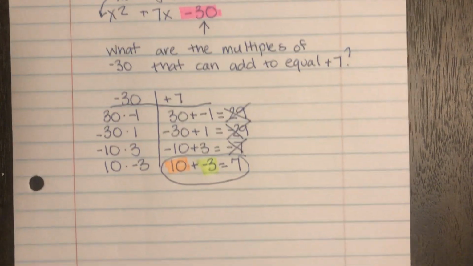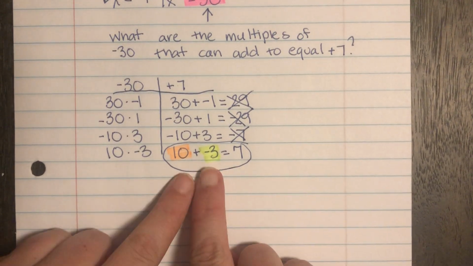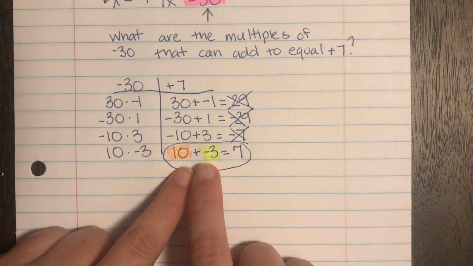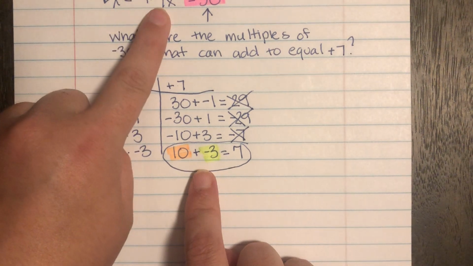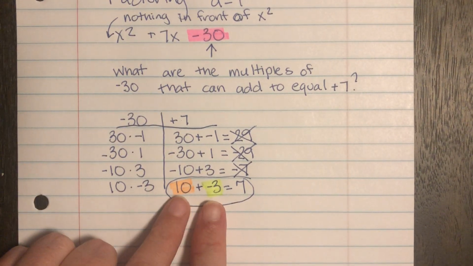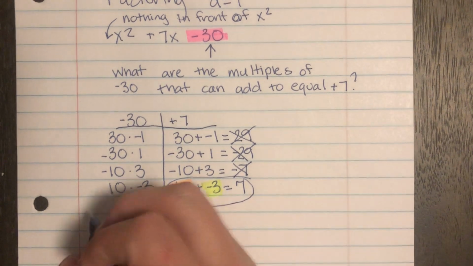Now I'm going to take these numbers and replace the 7.